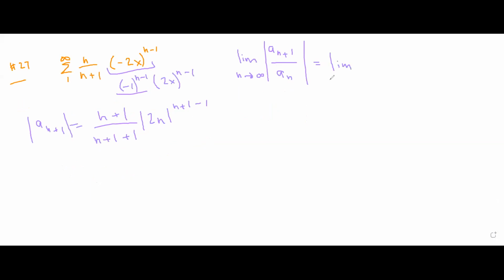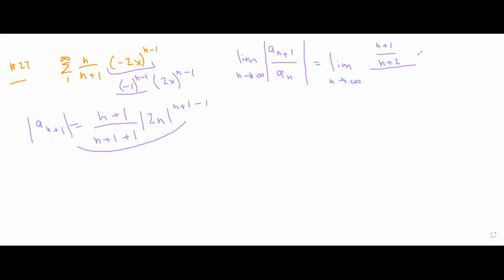So we have a fraction with a numerator that has all of this stuff, and this is actually n plus 1 over n plus 2, right? And then we'll also have 2x raised to the power of n.